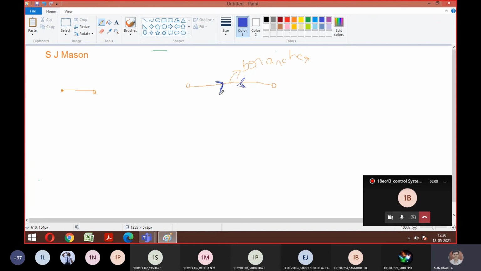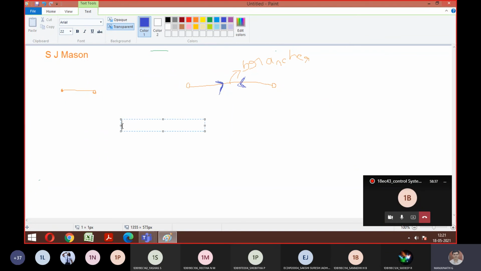Okay, the last point is that for a complicated system, when the block diagram reduction method becomes more complex, or you can use the word tedious. I hope you remember the word tedious, which is nothing but complexity.